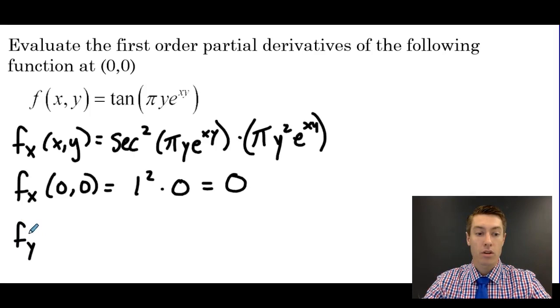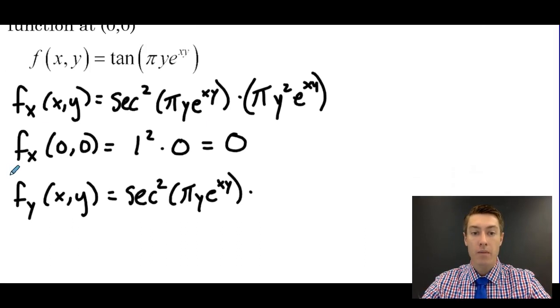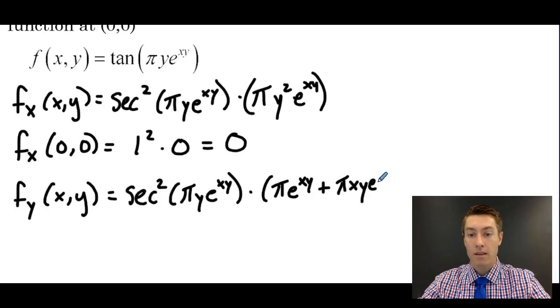And then the partial of f with respect to y. So that's secant squared of pi y e to the xy times the derivative of the inside with respect to y now. So that's going to be a product rule. So pi e to the xy plus pi xy e to the xy.